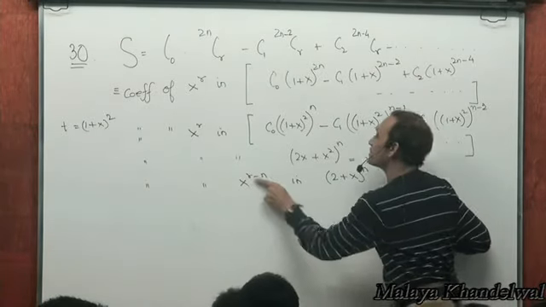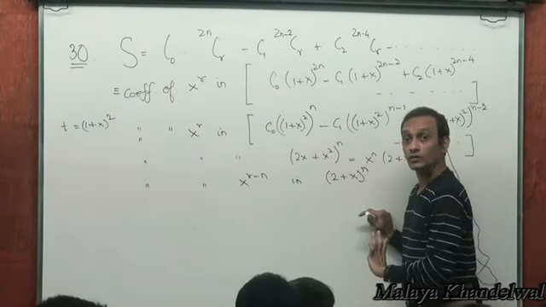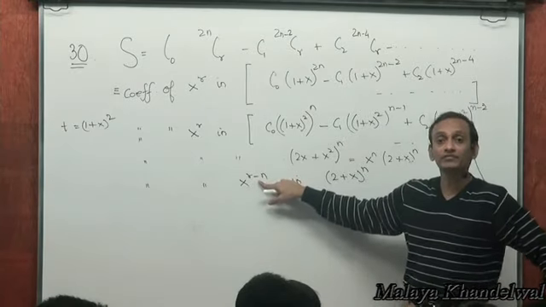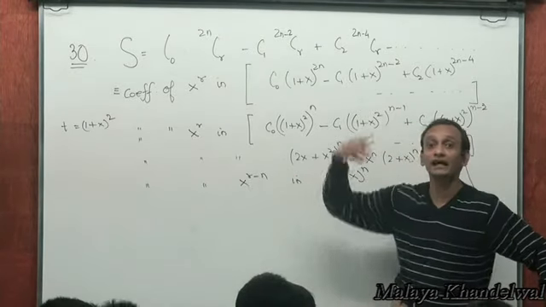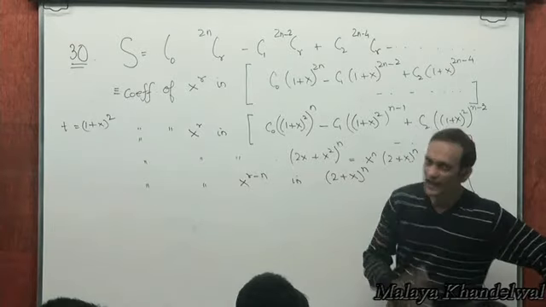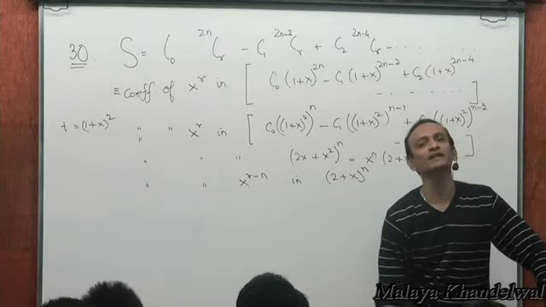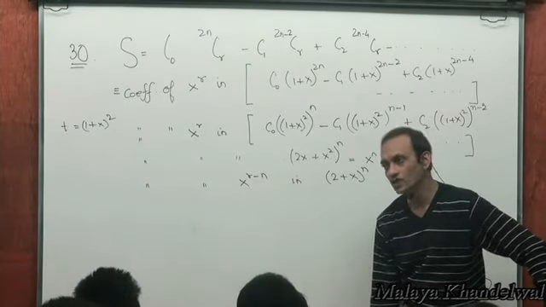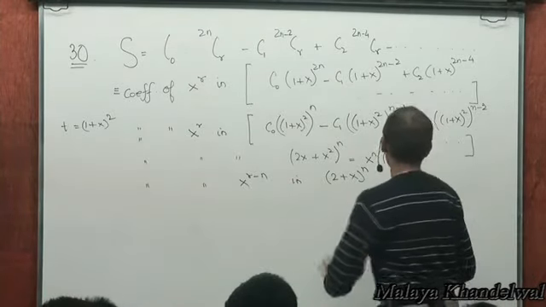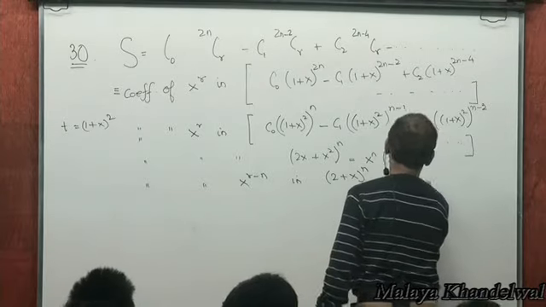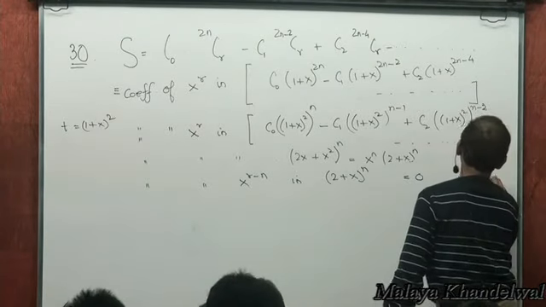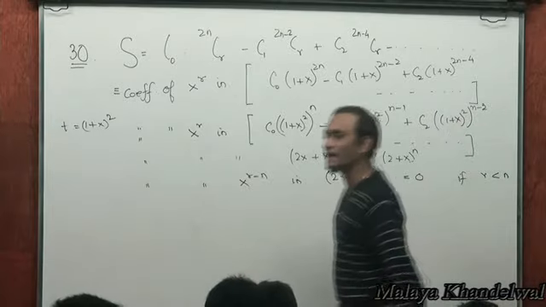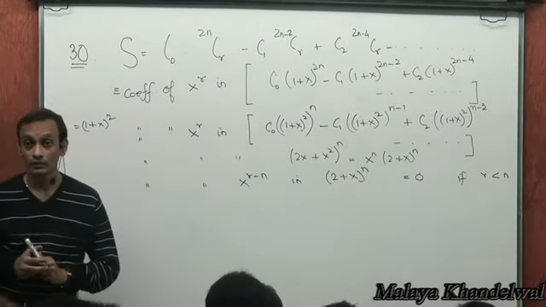So if r is less than n, then r minus n will be negative. Then do you have x to a negative power appearing in this? No. We say the coefficient of x^(r-n) will then be 0 if r is less than n.